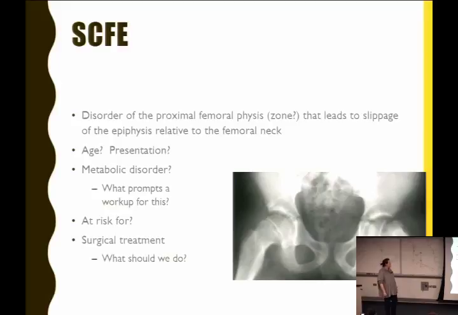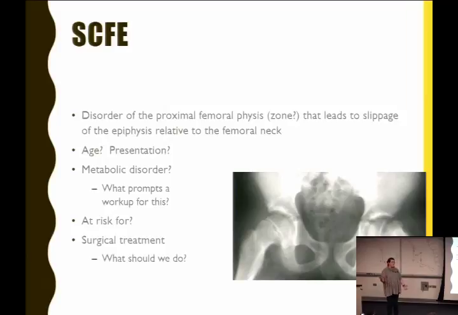So what sorts of things in a presentation would make me think, oh, this isn't just your standard overweight kid with a slip, I should work them up for something else? I gave you one a minute ago. No, age. Age was the one I just said.